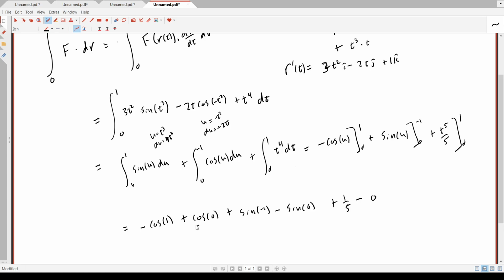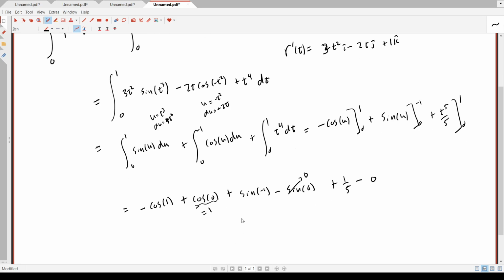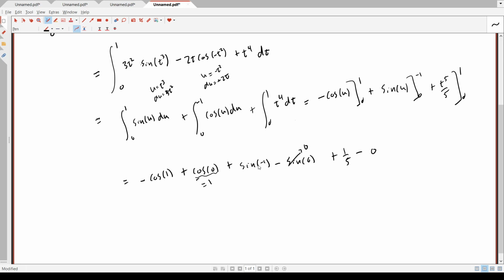So cosine of 0 is equal to 1, sine of 0 is 0, and sine of negative 1 is negative sine of 1, since sine of negative x is negative sine of x. So I can write this as negative cosine of 1 minus sine of 1 plus 1 plus 1/5. That's going to be plus 6/5.